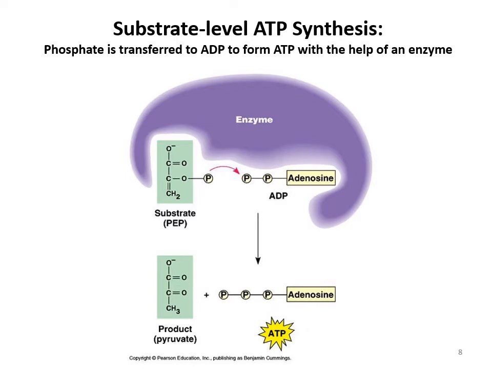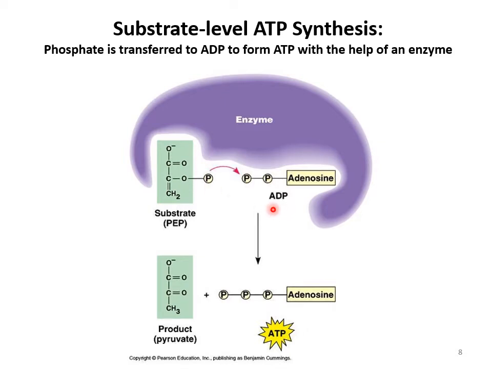The fact that it has 3 phosphate bonds, and that you can then break those to get energy. So substrate level ATP synthesis is building those phosphate bonds, because that's what you need to later on use for energy. So what it means, or what it does, is there's an enzyme that uses a substrate to provide a phosphate group to what's called ADP.